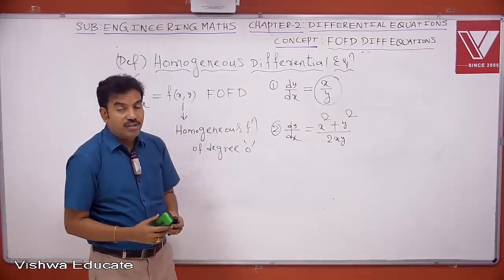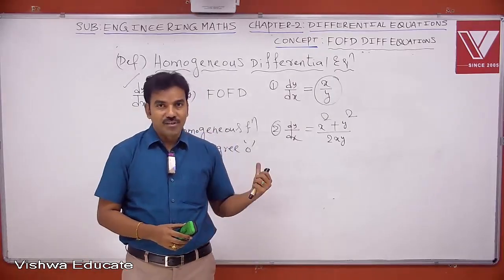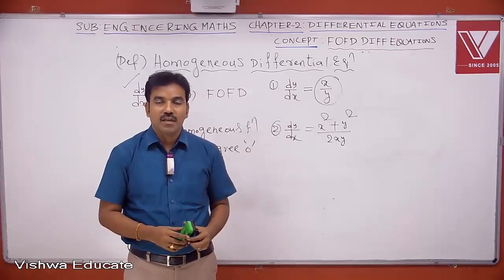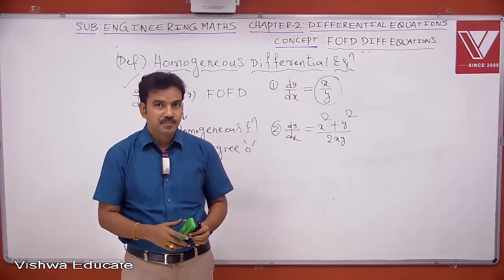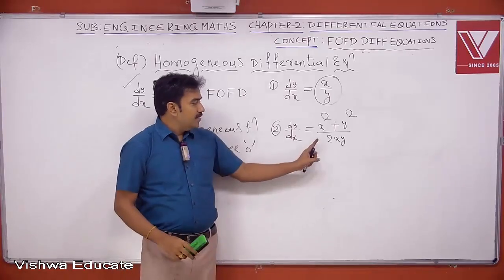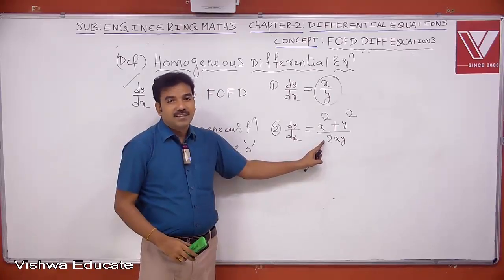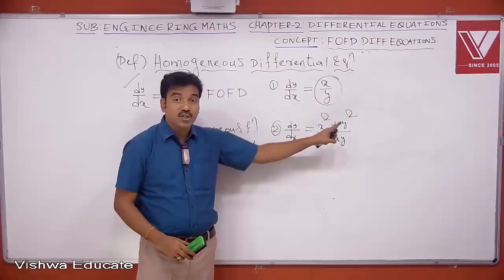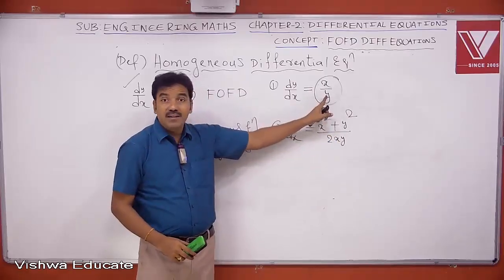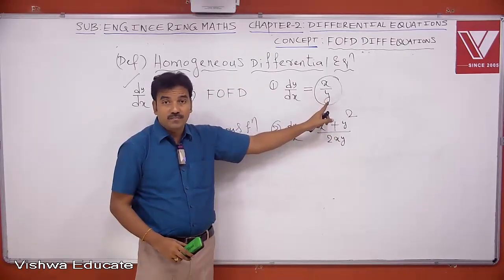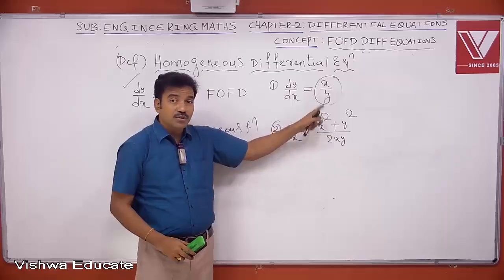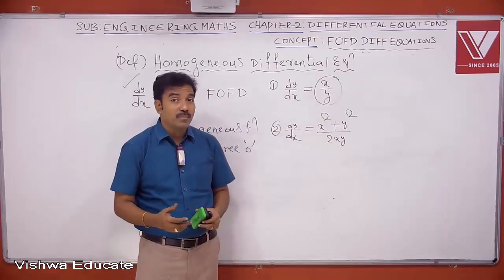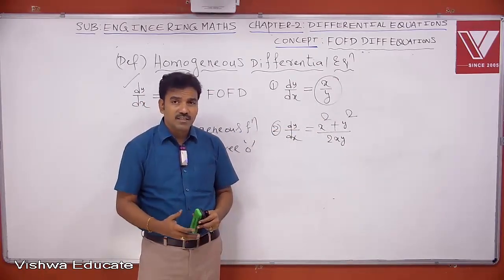Now our next task is solving homogeneous differential equations. We call it method number 2. It seems to be complicated. You can't solve the second example by method 1 because of this plus; you cannot separate x square and y square. But you can handle this by separation of variables also. So when you want to solve this question, you can apply method number 2. Method number 2 I will discuss shortly.